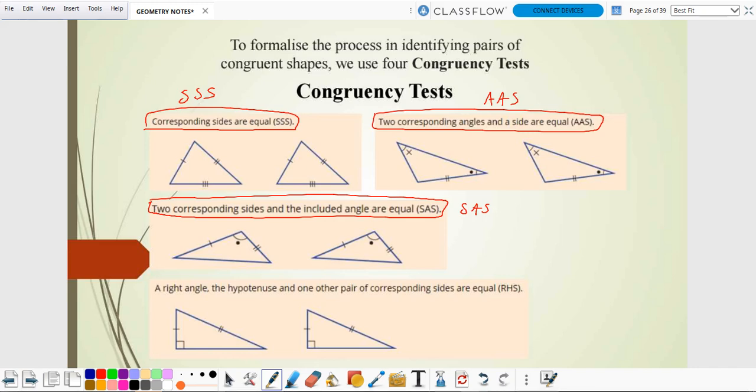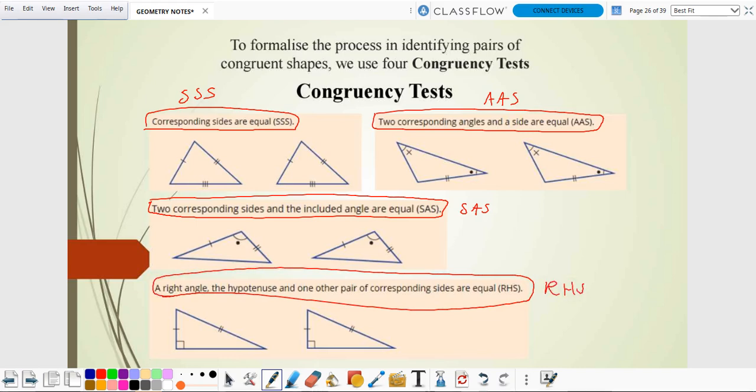And the last one is called RHS. With this test, always use it if you see a right angle. Whenever you see a right angle, automatically think, this is going to be using RHS to prove that it's congruent.